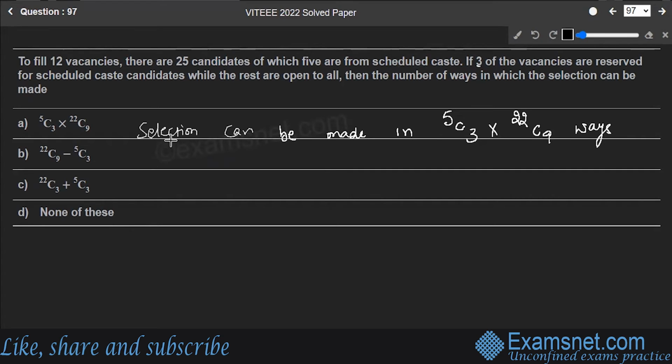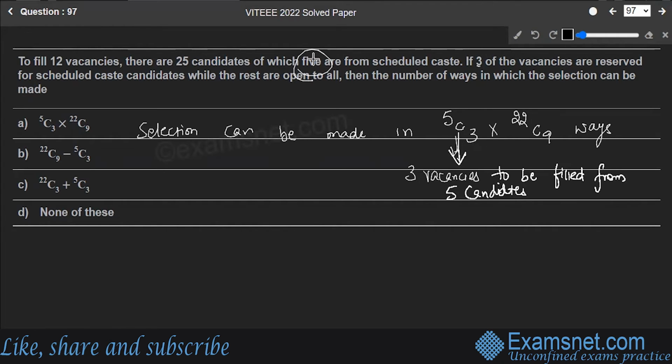Because 3 vacancies are to be filled from these 5 candidates. Now, this will be done in 5C3 ways.